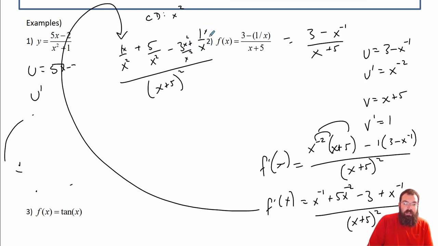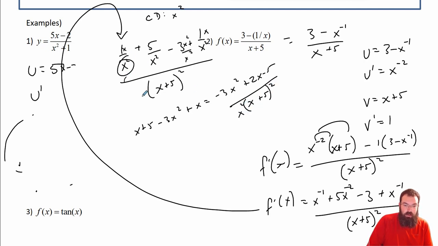And this is going to be x over x squared. And then combine everything on top, so I get x plus 5 minus 3x squared plus x, which goes to negative 3x squared plus 2x plus 5 over (x plus 5) squared times x squared, because remember this goes down below.